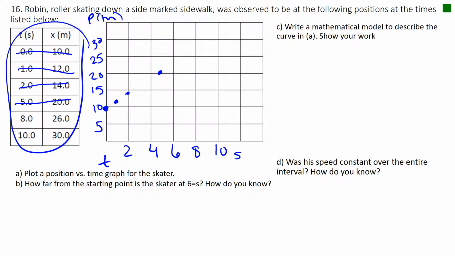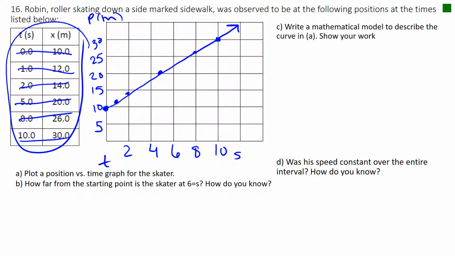Over to 8, up to 26, there's that point. And then 10 seconds and 30 meters goes right there. Okay, so I graphed all my points, and they make a nice straight line. So there's the position time graph.